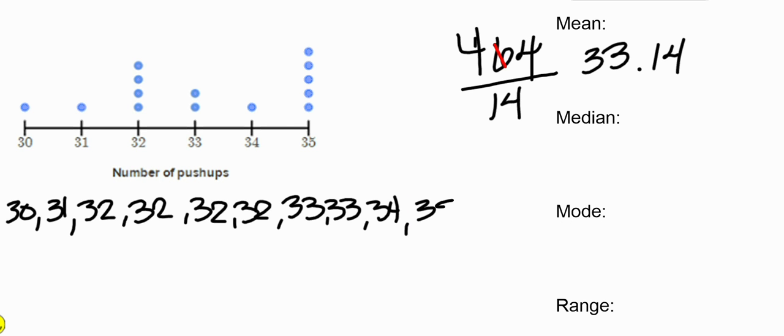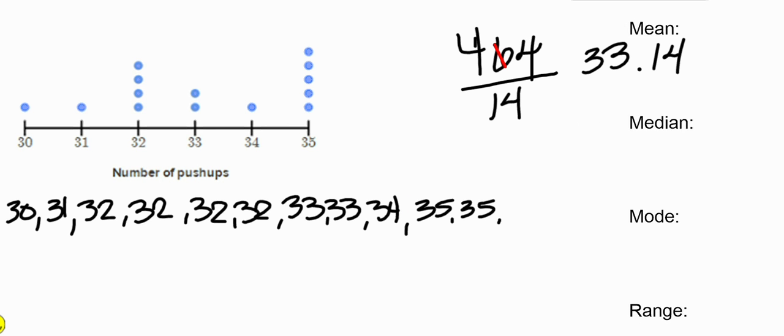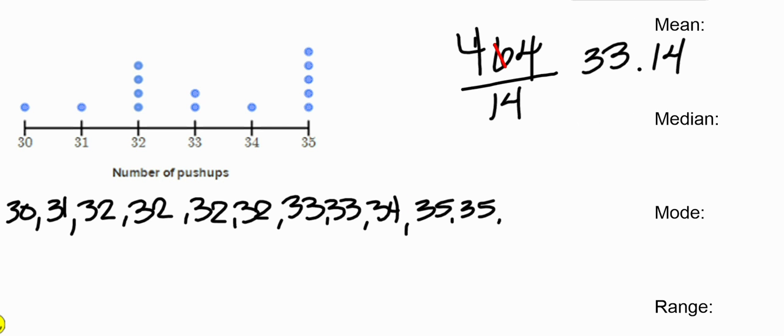Let's see if I can get that in there. I'm going to have to move this over just a little bit to make some more room. Okay. So now I'm going to find my median, and I just start counting down.